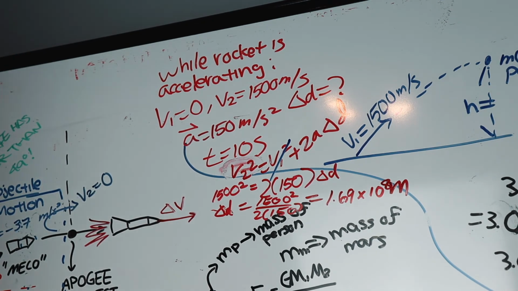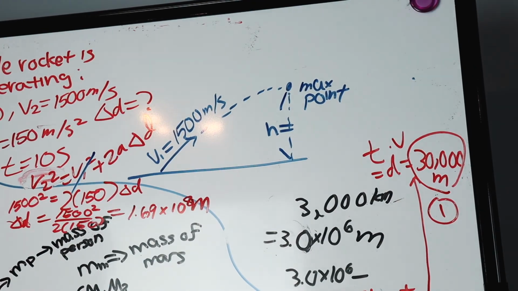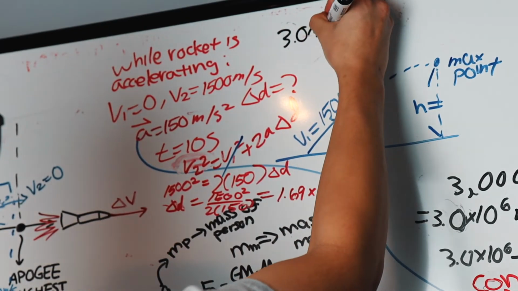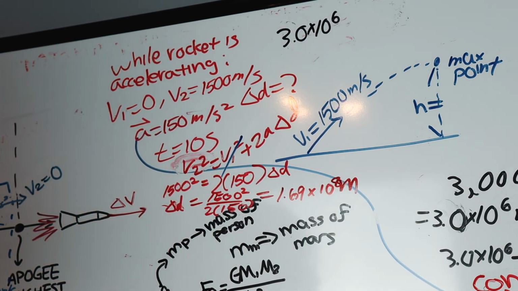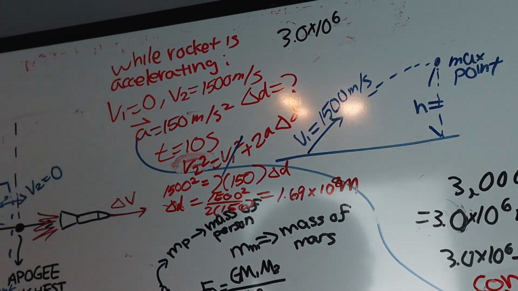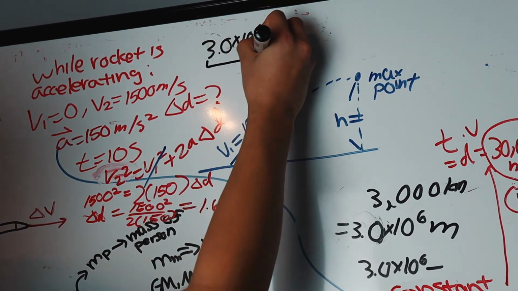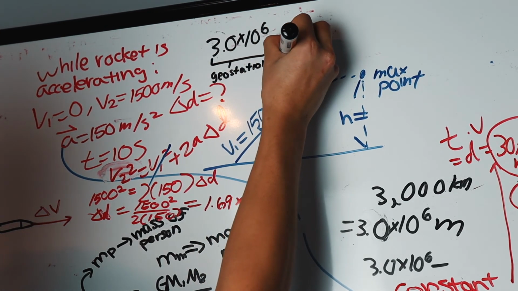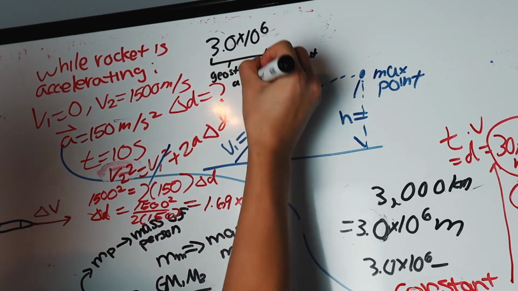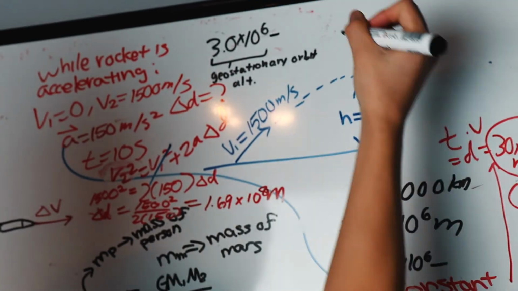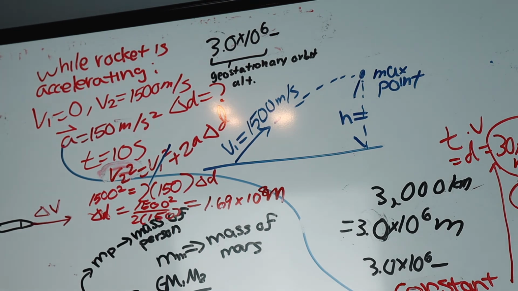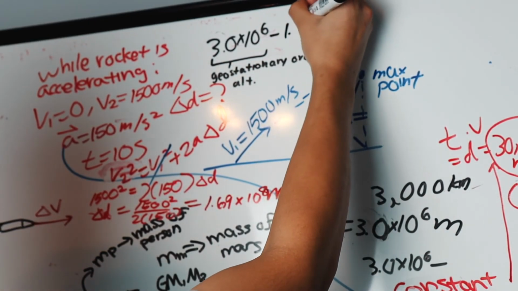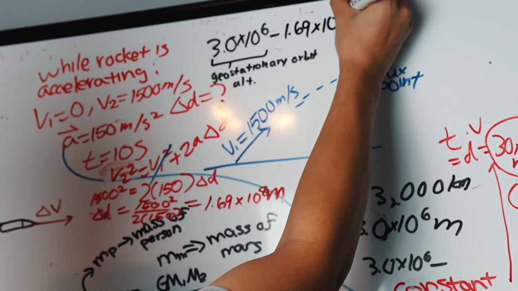So finally, the displacement in the projectile motion is the geostationary orbit altitude, which is 3.0 times 10 to the power of 6 meters, minus the displacement we covered while the rocket is accelerating, which we derived at the bottom, 1.69 times 10 to the power of 8 meters.